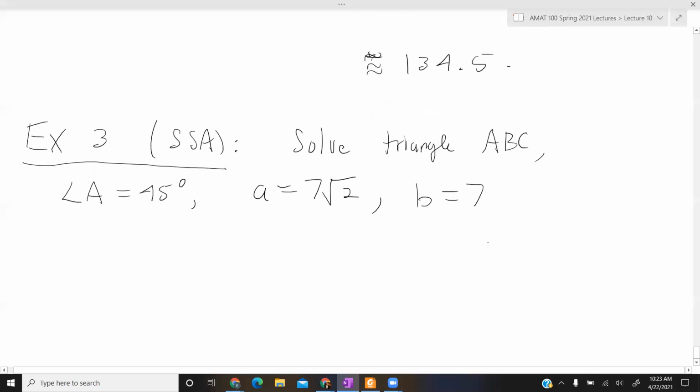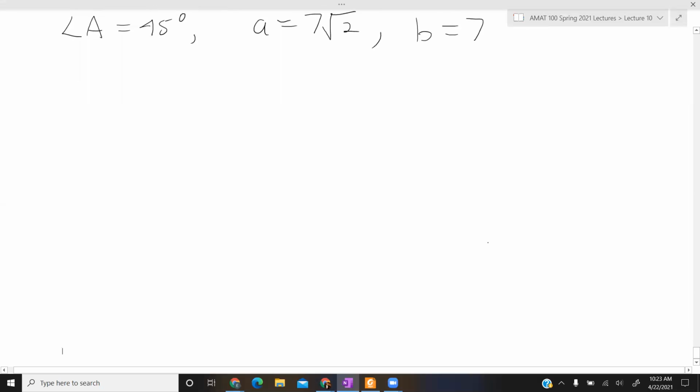So let's draw the setup. From the start, we don't know whether this is the only triangle. I'm going to draw a single triangle, but it's possible to construct another triangle that's consistent with the data we were given. But let's draw some picture so we have a reference.